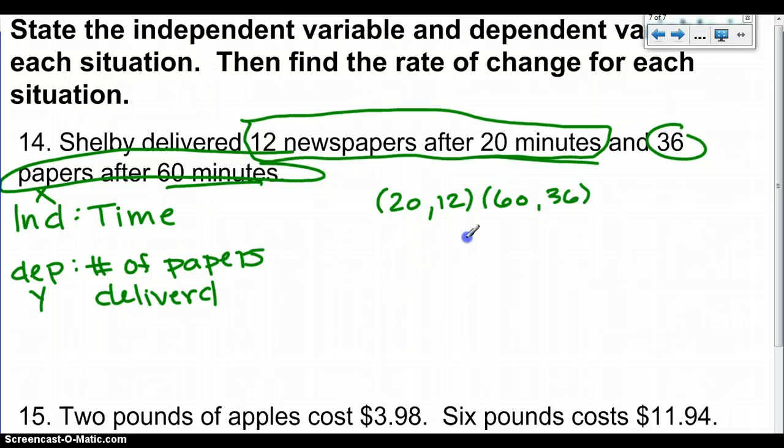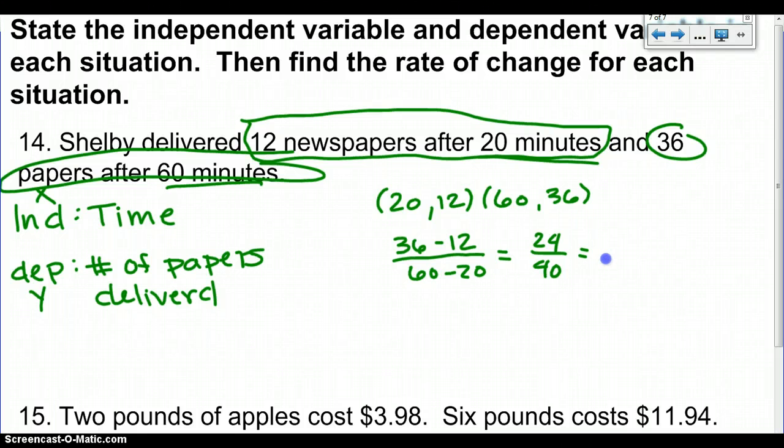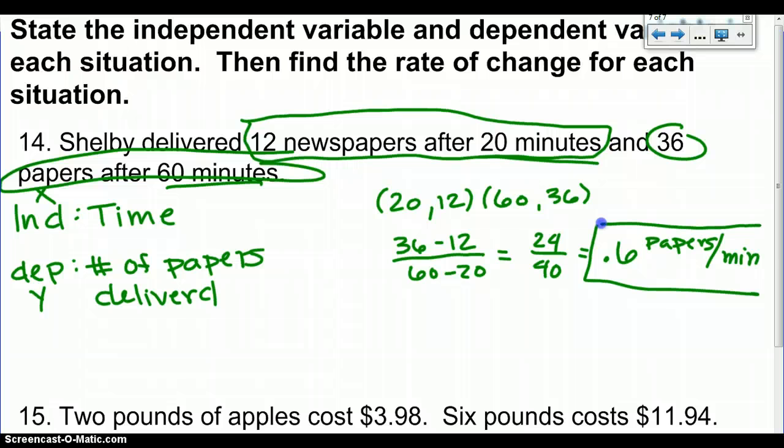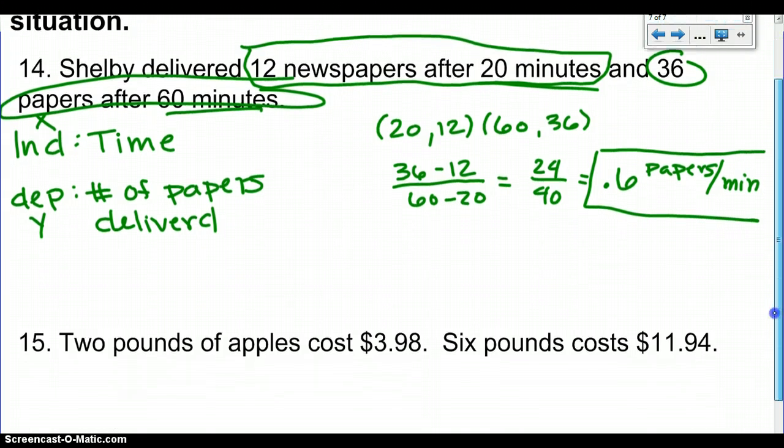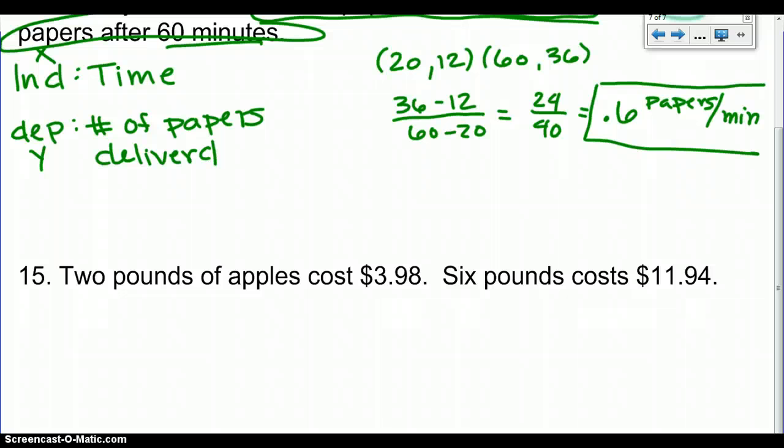So then we just use the formula, so we have 36 minus 12 over 60 minus 20, which is equal to 24 over 40. And you can reduce that, and this time you can get it into a decimal because it'd be 0.6 papers per minute. And that would be our unit for this problem. I want you guys to try 15 on your own, so pause it and then we'll come back and hopefully we'll get the same answers.